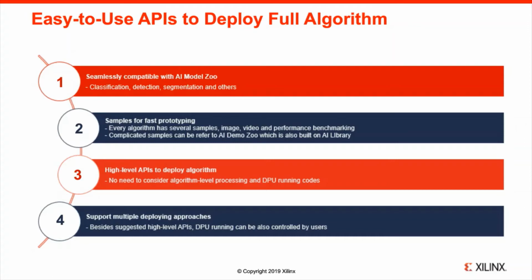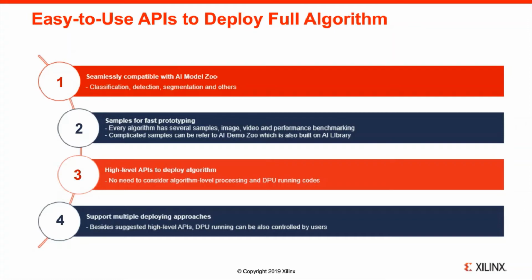And the second one, samples for fast prototyping. If the user has just got the initial idea and hasn't gone deep into model selection or platform selection, it will be good to refer to our Model Zoo and AI library first. So you may find something useful there.